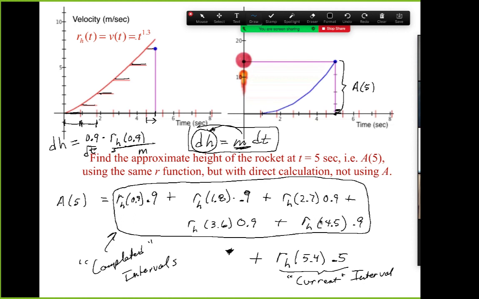Angel, yes? Richard, yes, exactly. So in terms of building this one-line accumulation function, this is going to be the structure of it. We're going to write m dx plus m dx plus m dx for all the completed intervals and add them all up. So that's all these, right? Boom, boom, boom. Add up those. And then there's going to be a little more accumulation in the current interval for the partial interval, and that's this last one right here. See that? That's the RH 5.4 times 0.5.